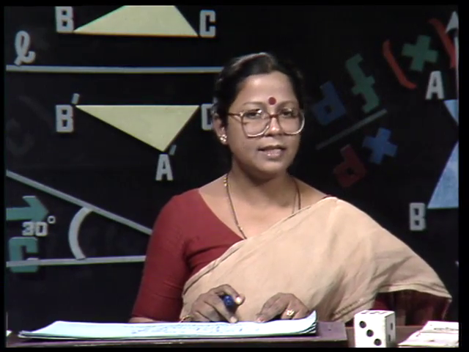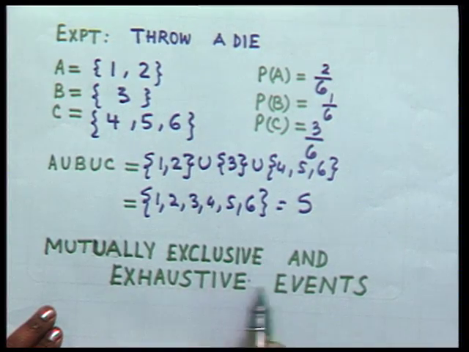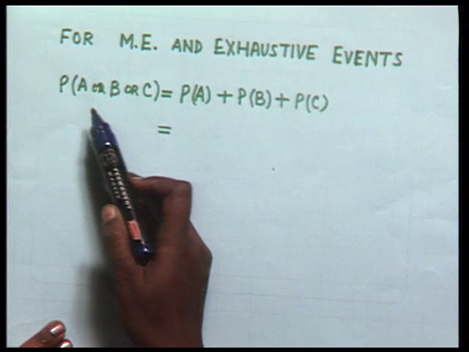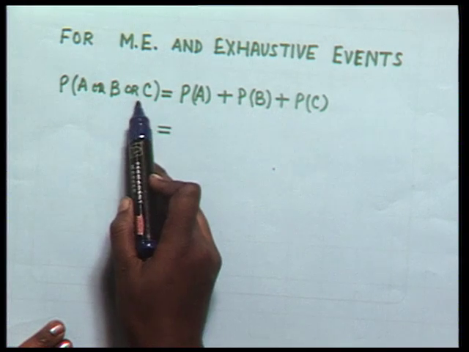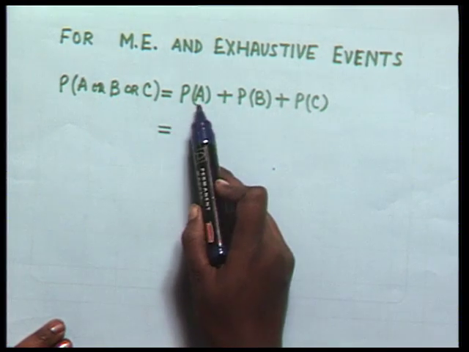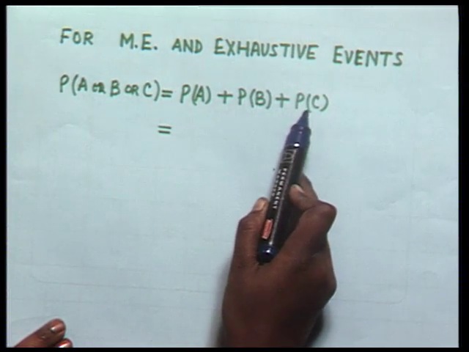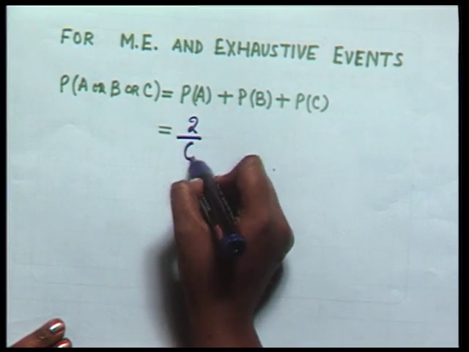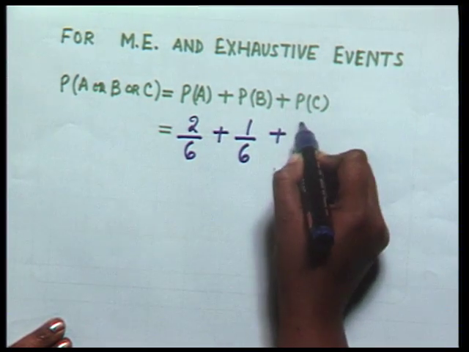Events which satisfy this condition are called mutually exclusive and exhaustive events. And for mutually exclusive and exhaustive events, we have probability of event A or event B or event C equal to probability of event A plus probability of event B plus probability of event C, that is equal to 2 upon 6 plus 1 upon 6 plus 3 upon 6.